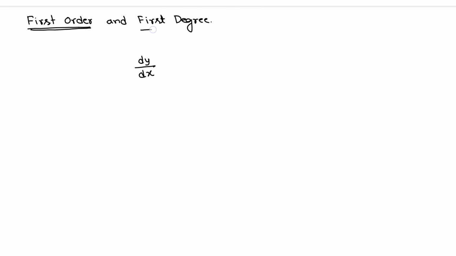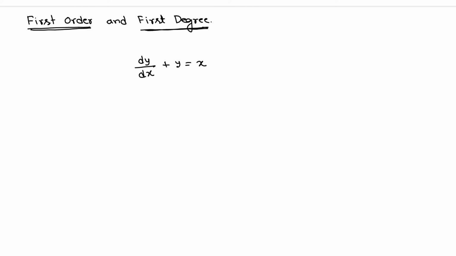Also it is given first degree, that means the power of the highest order derivative, this dy/dx, will be 1. Yes or no? So you can write, let's say, dy/dx + y = x. Let's say I am taking an arbitrary example. Is this equation first order and first degree? Obviously yes, because we have dy/dx, this is first order, and the power of dy/dx is 1, so this is first degree. So this is a first order and first degree equation.